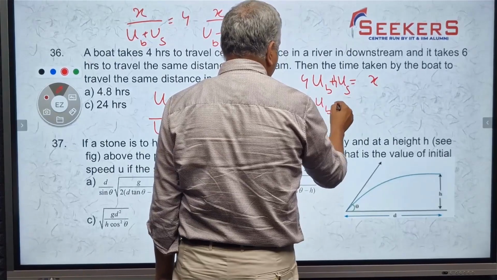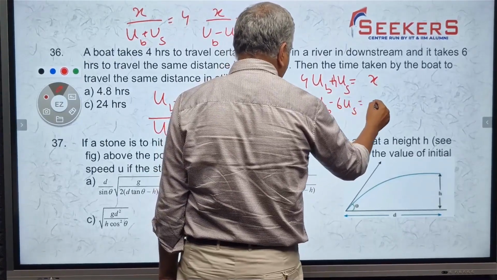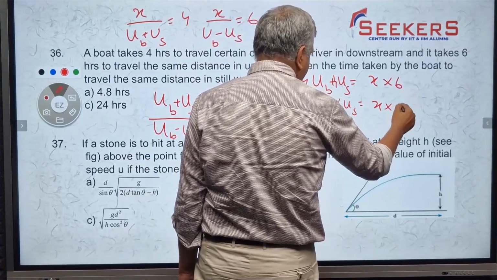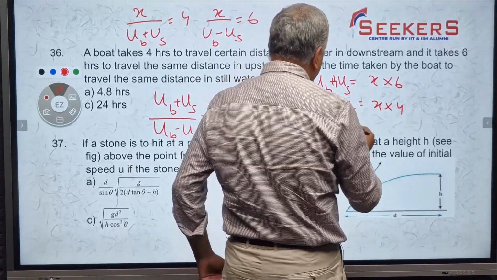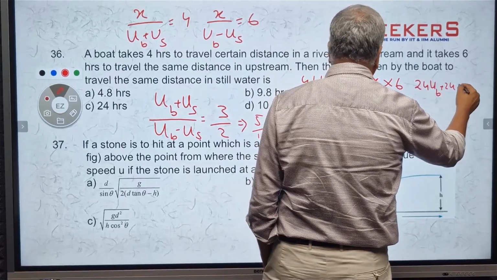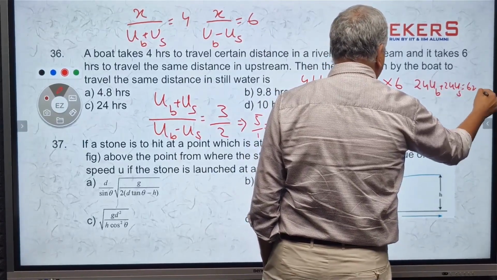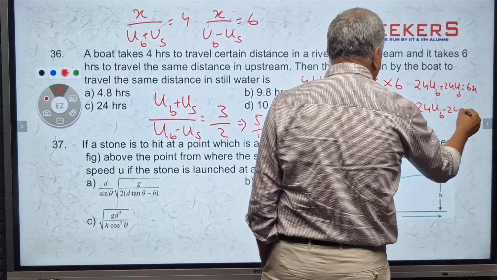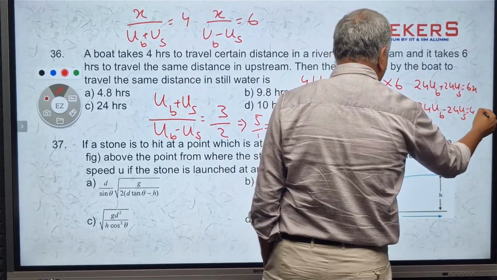6 times ub minus 6 times us is also equal to x. So I'll multiply this by 6, I'll multiply this by 4. So I'll get 24 times ub plus 24 times us is equal to 6 times x. 24 times ub minus 24 times us is equal to 4x.